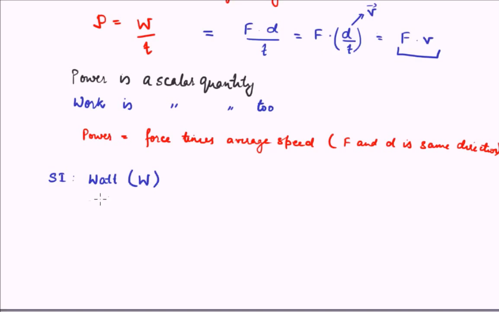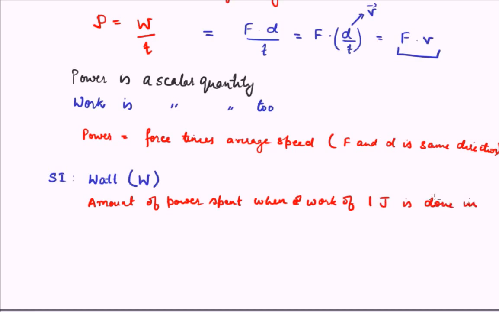A watt is the amount of power spent when work of 1 joule is done in 1 second. So the SI unit of power is watt, and it is defined as the work of 1 joule done in 1 second.